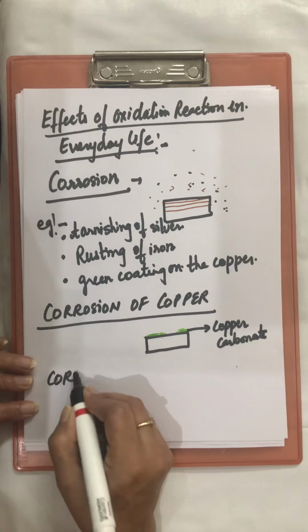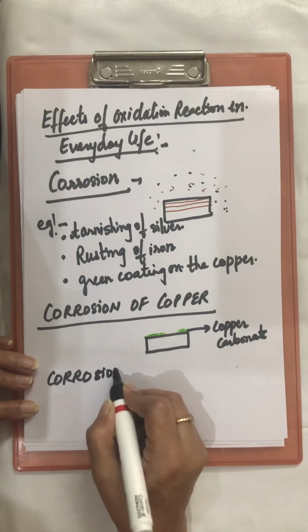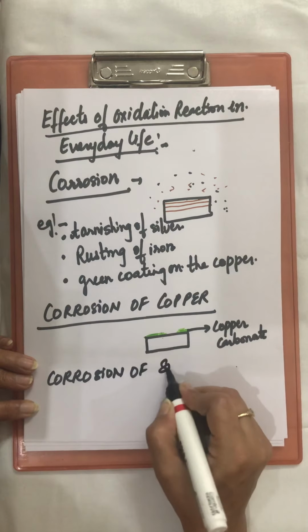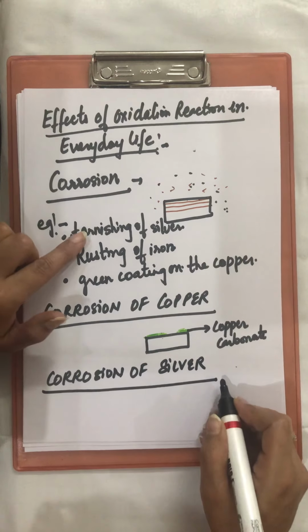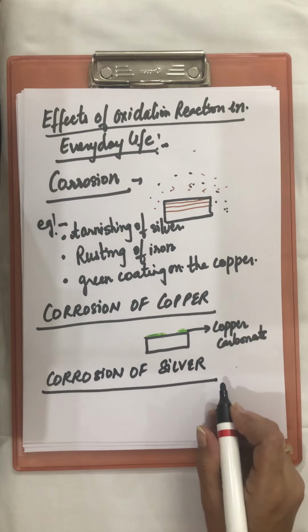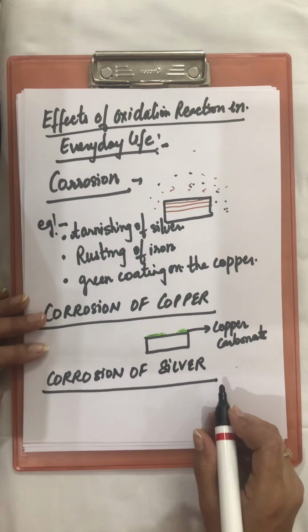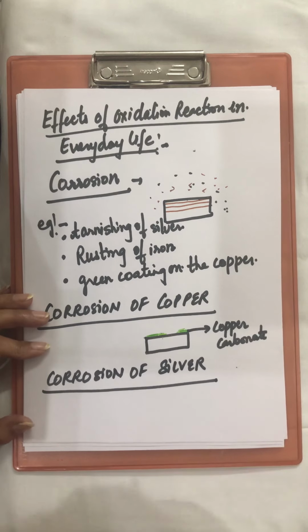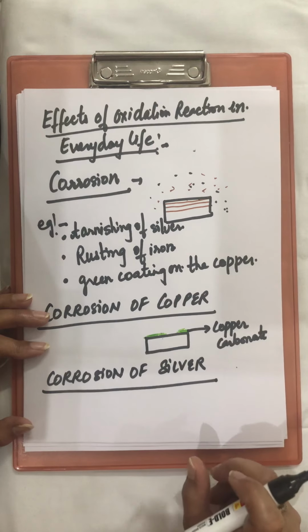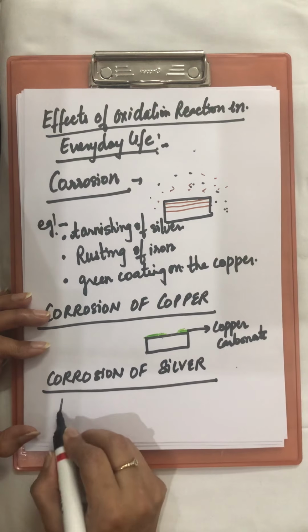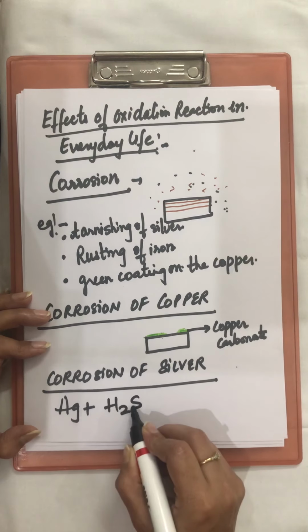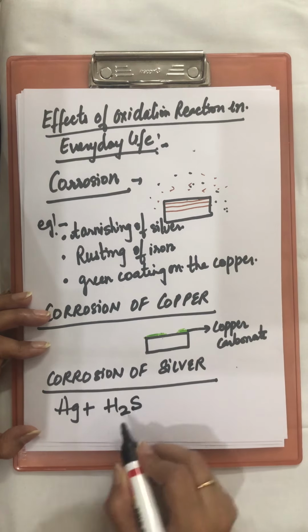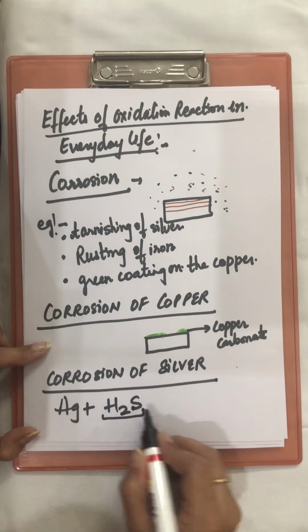Next is corrosion of silver, which is also called tarnishing of silver. Silver things lose their shine and become black in color. This is due to their reaction with hydrogen sulfide present in air nowadays as a pollutant.